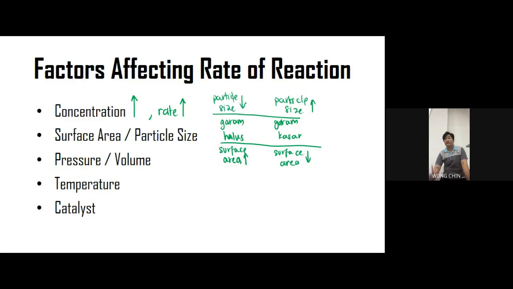So, before we go into affecting the rate of reaction, back to Christina. Christina, surface area and particle size, directly proportional or inversely proportional? Inversely proportional. So from here, you can see the conclusion, when the surface area is large, the particle size is small. Agree?